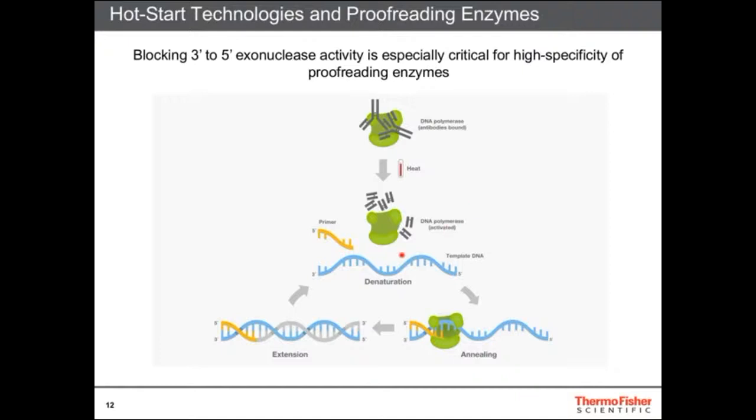So there are 2 antibodies bound to our enzyme. One blocks DNA synthesis by blocking the DNA binding domain, and the second antibody blocks this exonuclease activity, such that the enzyme is completely inactive until that initial denaturation step.